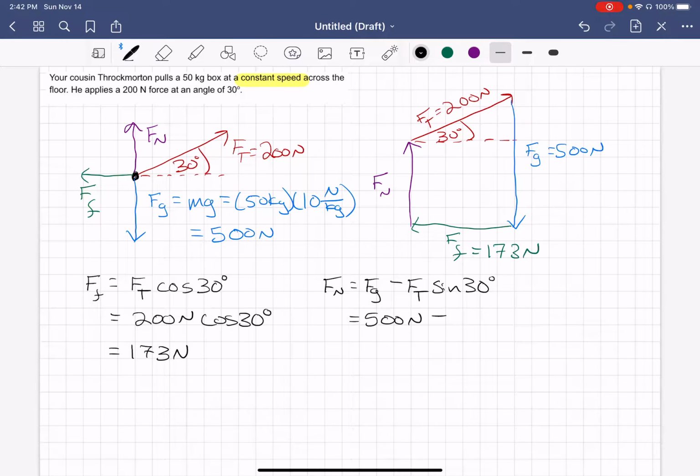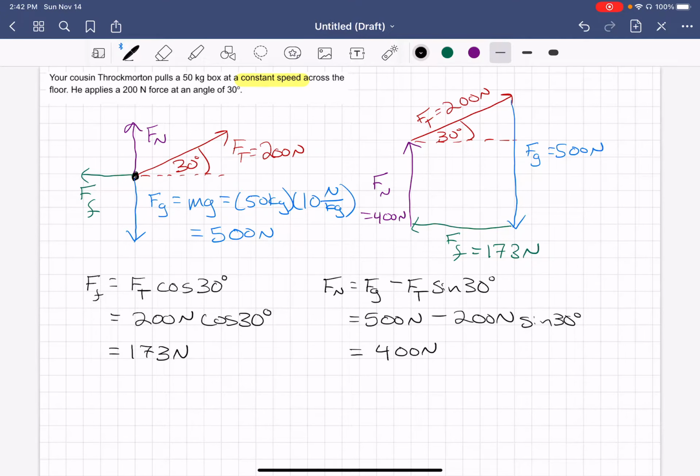Then I can plug in numbers, and when I put all of that into my calculator, I get that the normal force is 400 newtons. As a check, I predicted earlier that the normal force should be smaller than the force of gravity, and 400 newtons is indeed smaller than 500 newtons.